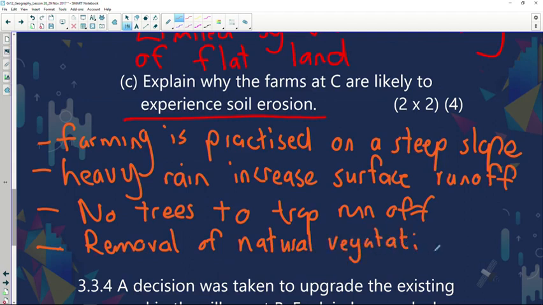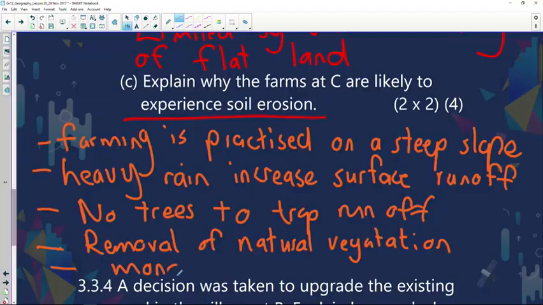The removal of the natural vegetation basically increases that soil erosion will take place because deforestation takes place. And lastly, what we can mention as well, if they practice monoculture. If the farmer does not practice the correct methods of farming, it can create monoculture, planting the same crops, and that can lead to soil erosion as well.